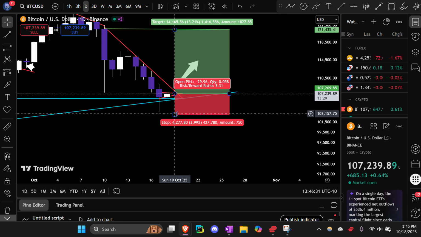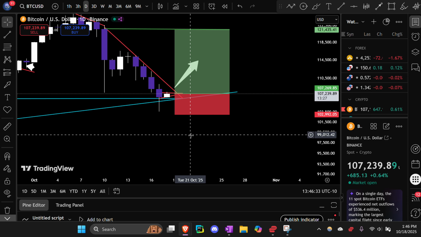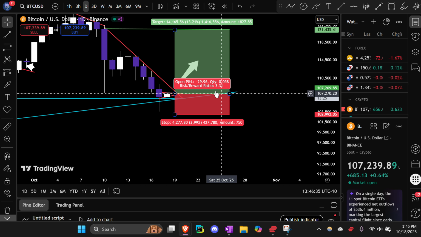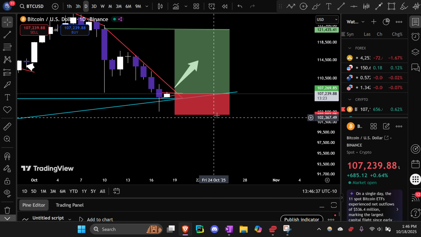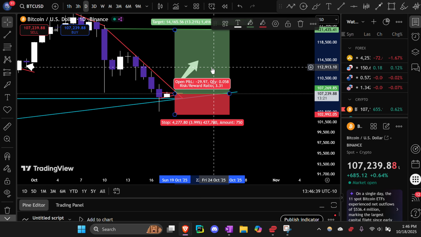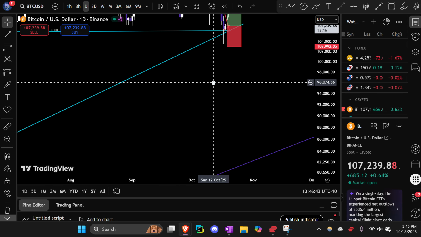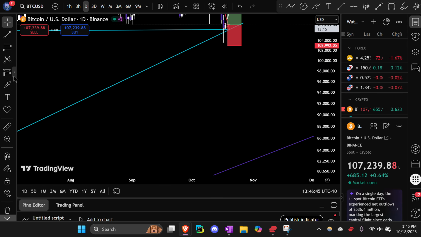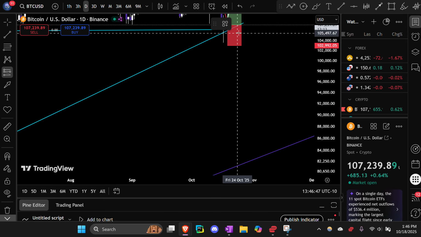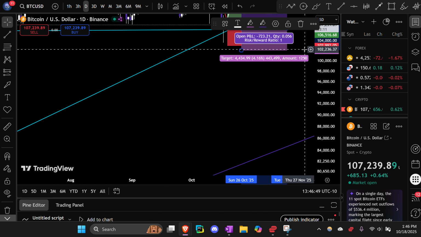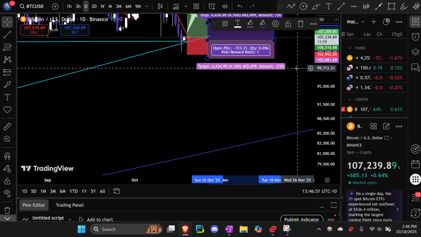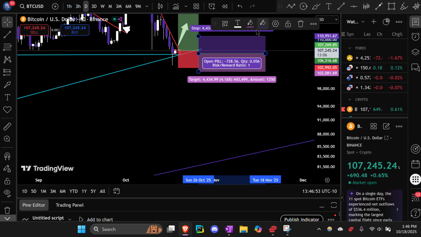So if price does break out and you hit your stop loss, you're like, oh, I'm out. Wait, see what price does. Maybe price comes down and then it holds support right here at the bottom, and you decide, well, I think it's going to go down, you want to sell. You can go here and say, I would enter a sell there. Oh, this is a way different color. Hold on.